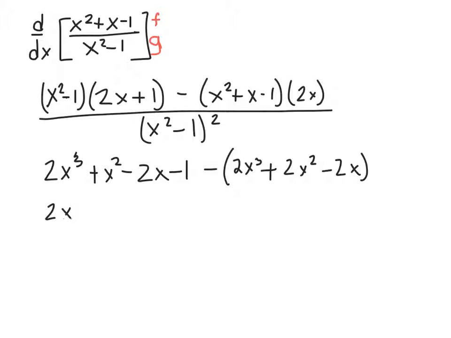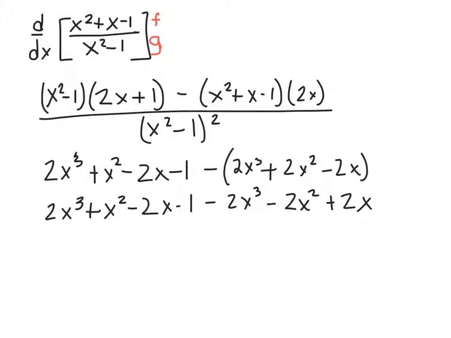rewrite this again and take care of distributing that negative on the outside of the parentheses. So this is going to become negative 2x cubed minus 2x squared plus 2x. Okay, and then my 2x cubes cancel out.